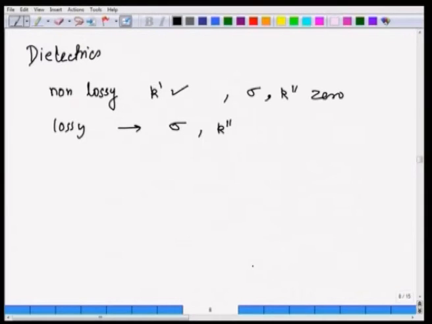If that is the case, then let us look at either way the dielectrics. I am going to divide into two parts. One is linear and the other non-linear.